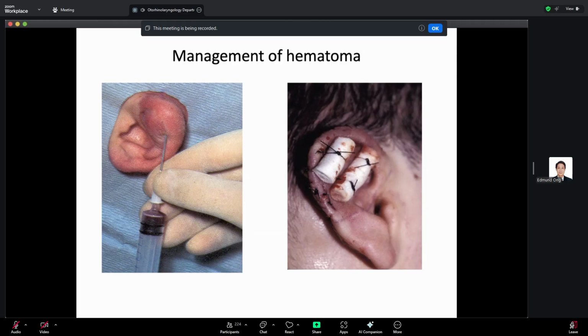I have a patient who didn't want the sutured bolster. So you know the clothes peg, or even a fastener with a clip, you can use that, because if you don't put pressure over the pinna after evacuation, it will just accumulate and become recurrent. So you need to put pressure on it for a few days, like 1, 2, or 3 days, just to prevent reaccumulation of the hematoma or seroma. Next slide.